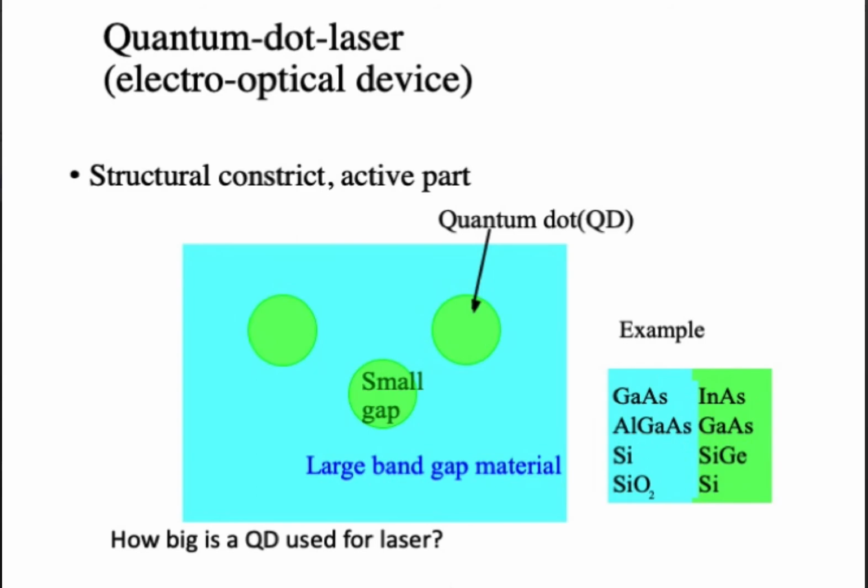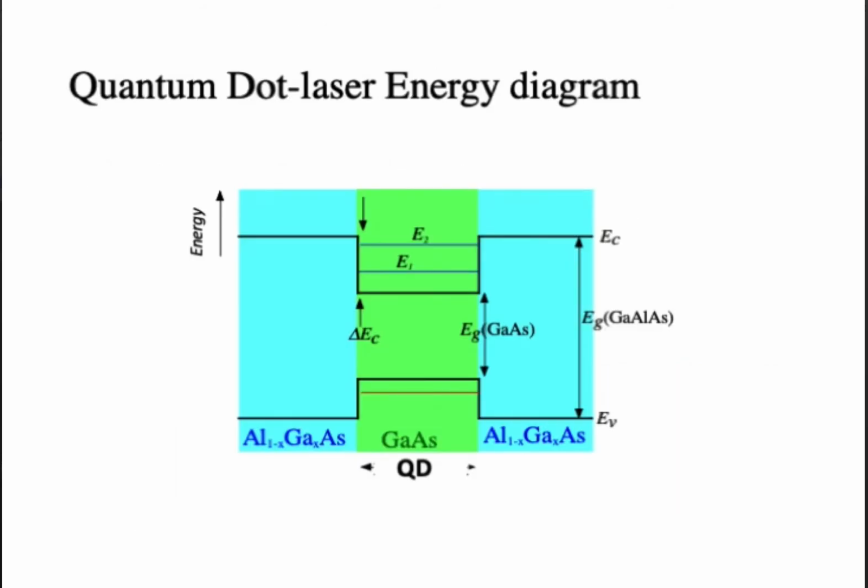To answer that, we need to take a look at the band diagram of the active part of the laser. What we see is a cross-section through one of the quantum dots of gallium arsenide, seen as green. The turquoise is AlGaAs with a higher band gap. There is an energy offset delta EC in the conduction band of these materials.